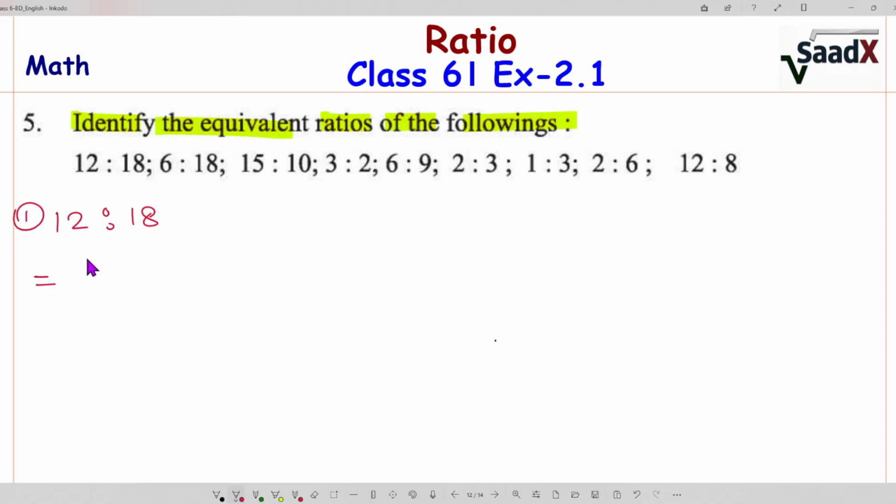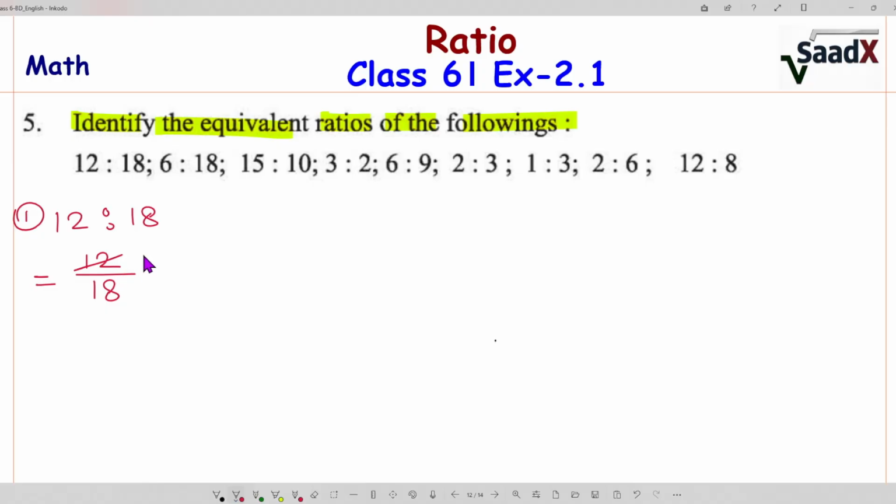So this one we can write as 12/18. So what is the HCF? 12 and 18 we can divide by 6, right? So 6 is a common factor of 12 and 18, which is the highest common factor.